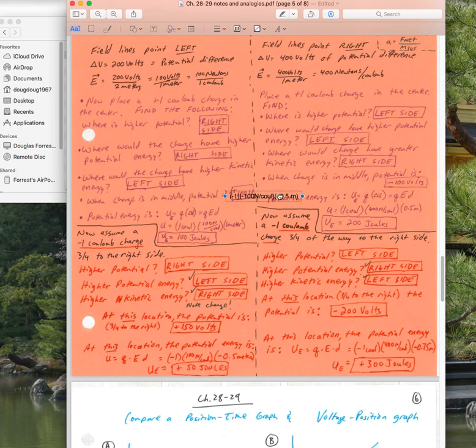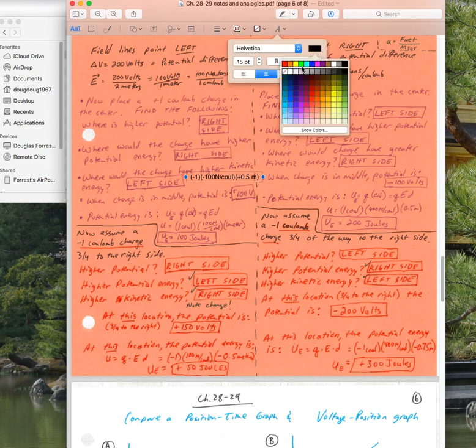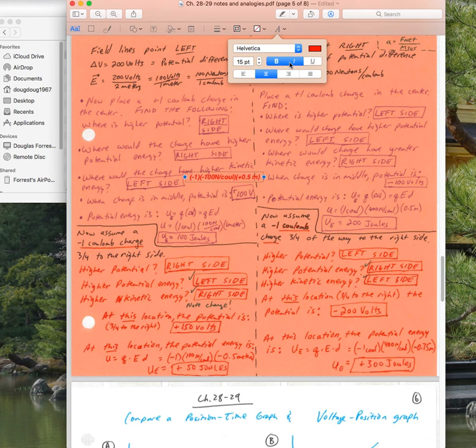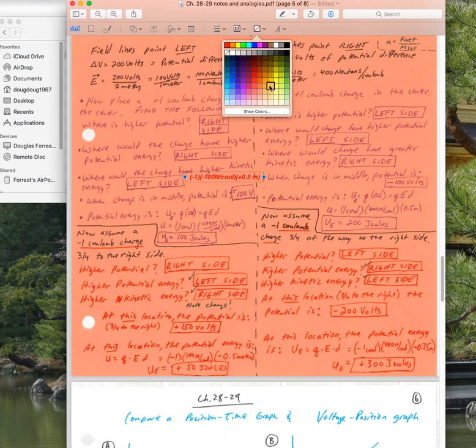And I'm going to make that in red. And I'm going to bold it, I'll italicize it, and I'm going to make sure the background is sort of the same color.